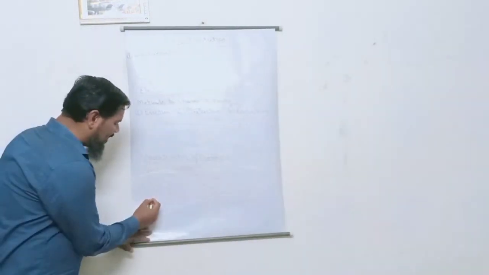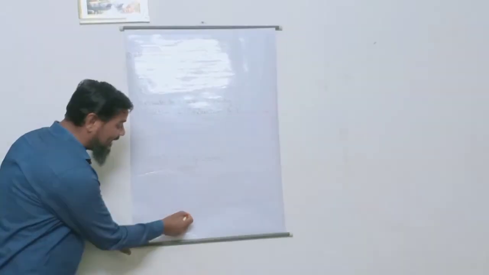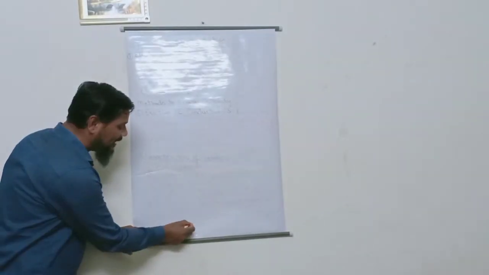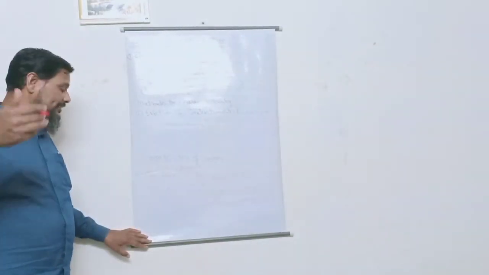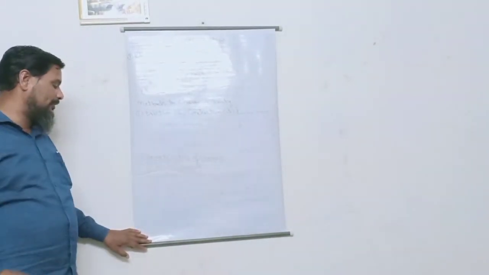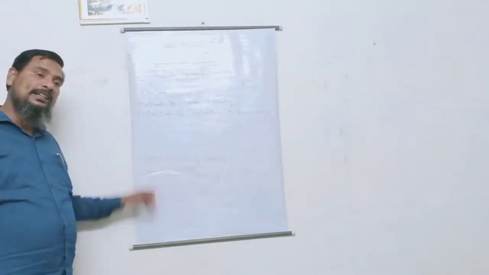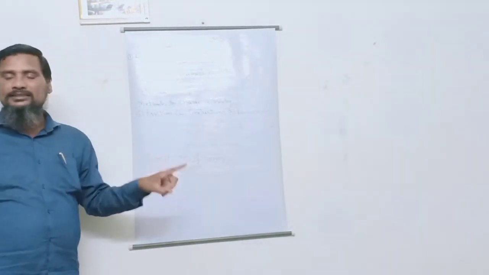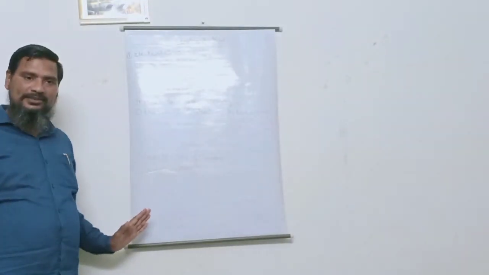And when a charged body is placed at a certain place, a region is developed around it in which an uncharged body or other charged bodies experience electrostatic force. That region is called the electric field. So these are the five basic characteristics of charges.